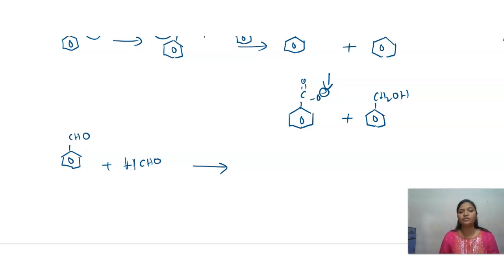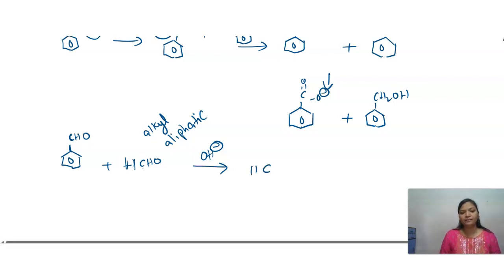An aliphatic aldehyde is highly reactive towards nucleophilic addition reaction, and benzaldehyde is less reactive because the electrophilicity of this carbon is less due to the resonance present in the phenyl ring. So that's why the OH minus ion will go and attack on this carbon, the formaldehyde carbon.